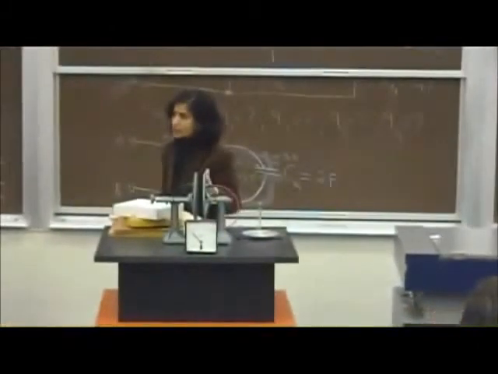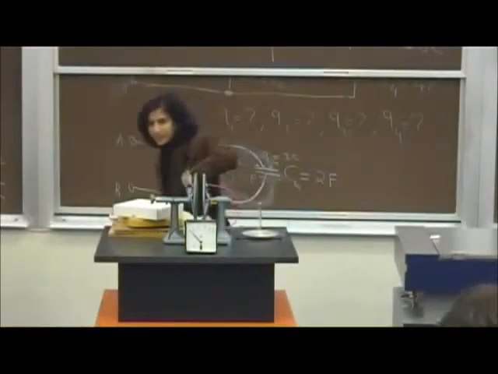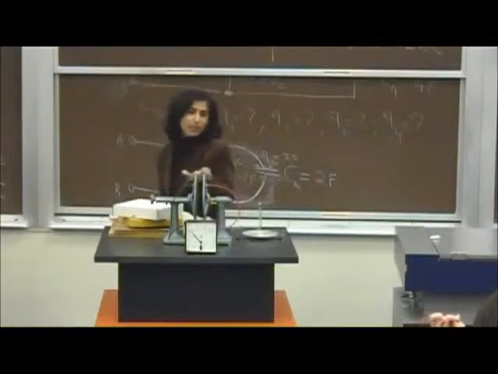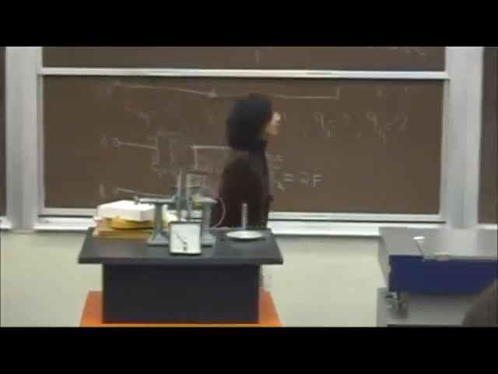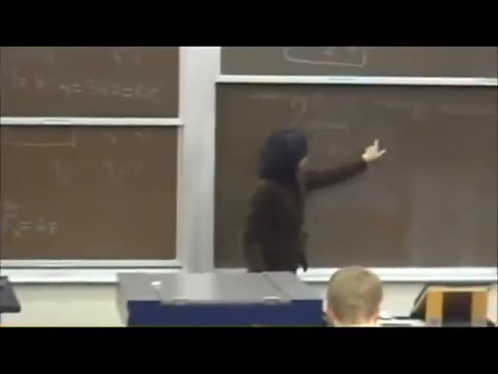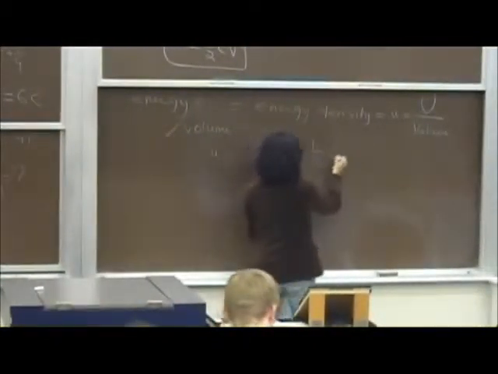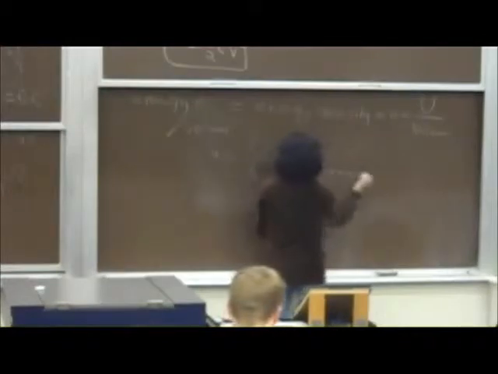The area of cross section of each plate, A, for example here it's circular, so it's pi r square, times d. Isn't that the amount of space? That's the volume. Okay, what is U?